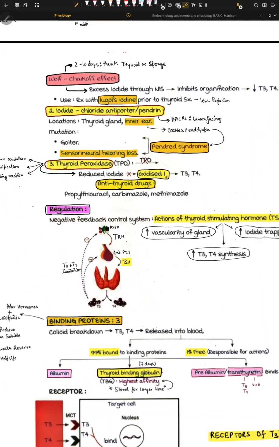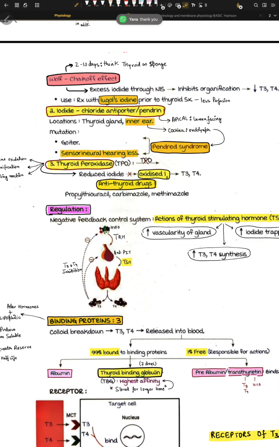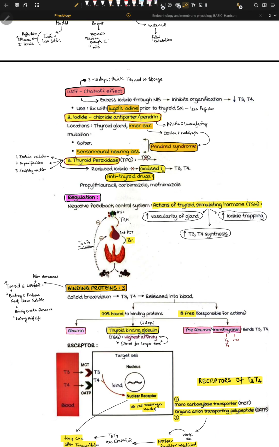Let's see, iodide, what is iodide, how this happens. So, the iodide-chloride antiporter. Antiporter means against, or against the importer, right? It's an exchanger.